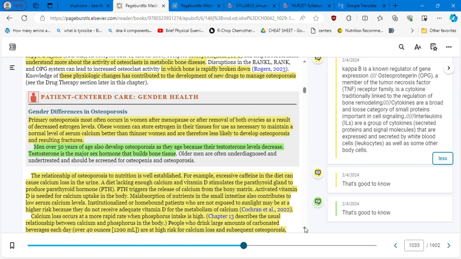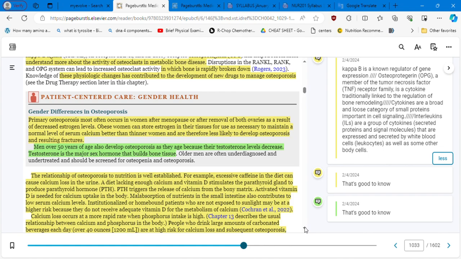Patient-centered care, gender health. Primary osteoporosis most often occurs in women after menopause, yes, or after removal of both ovaries as a result of decreased estrogen levels. We have been repeating this over and over again, so if I ask you about this, I'm expecting you to know this perfectly, because we repeat this like 10 times. Obese women can store estrogen in their tissues for use as necessary to maintain a normal level of serum calcium better than thinner women, and are therefore less likely to develop osteoporosis resulting in fractures.